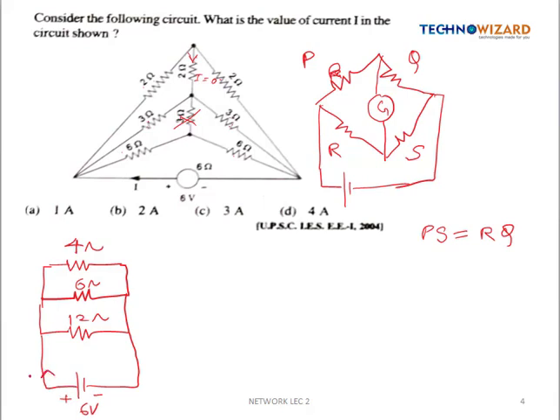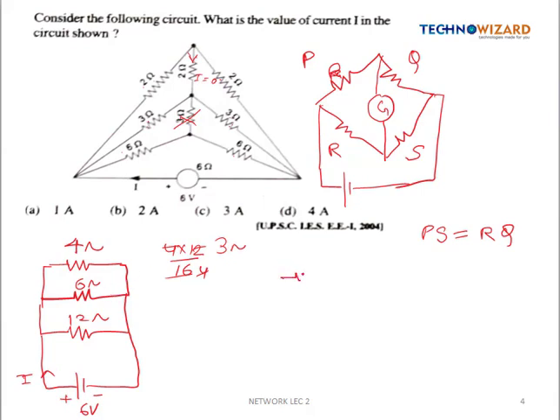And we need to calculate the current I, so we will simplify this network. When 4 ohm and 12 ohm are in parallel, they will give 4 into 12 divided by 16, so it will give 3. Now 3 ohm will be in parallel with 6 ohm, which will give 2 ohm.